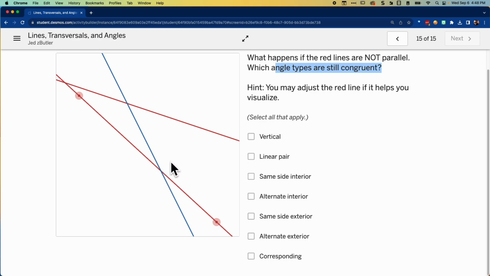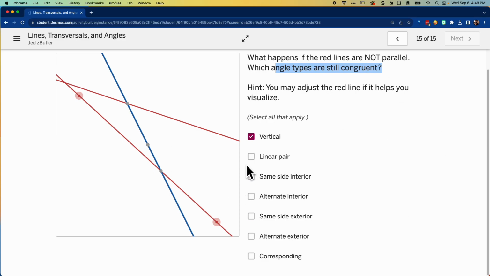The bottom one looks a little bit bigger. Same thing with this little angle and that little angle; they do not seem the same as these two little angles up here. They don't quite fit. But a vertical angle is always going to be congruent because those are across from each other. We've already seen that relationship. These two angles across from each other at an intersection are going to be equal. The rest of them, I don't think any. I think vertical is the only one.